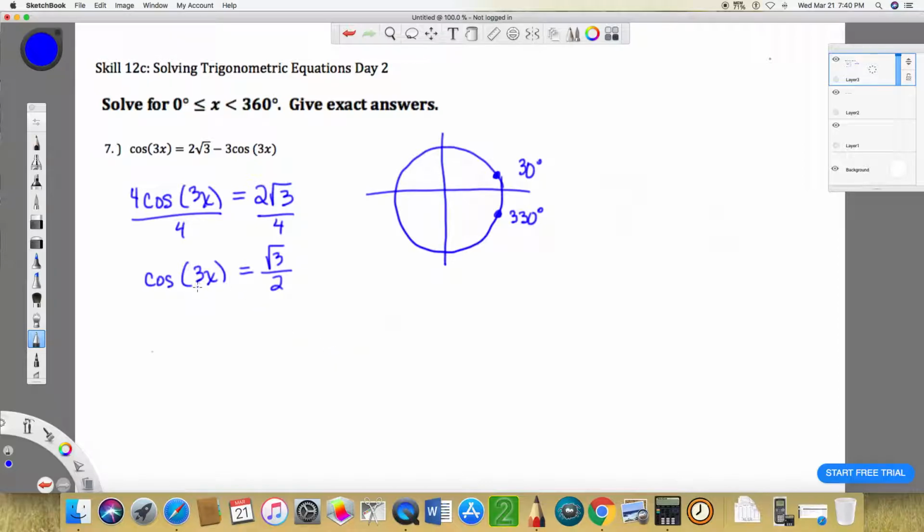This 3x is a horizontal shrink by a factor of 1/3, so it's going to complete one cycle in a third of the length that it used to. So we're going to lose solutions.